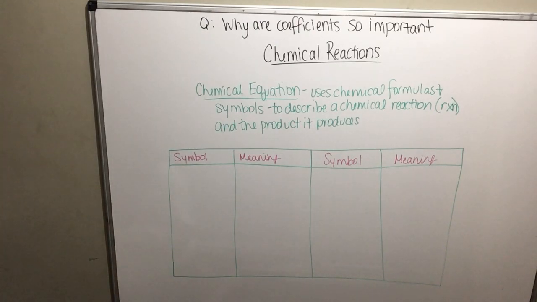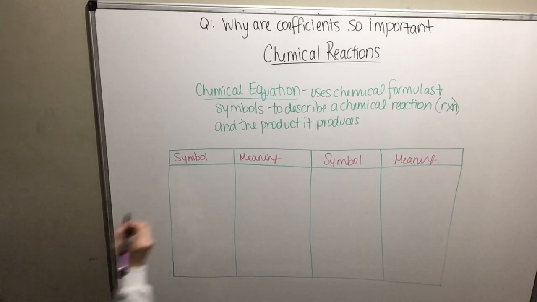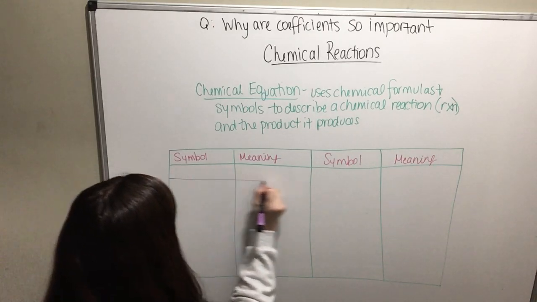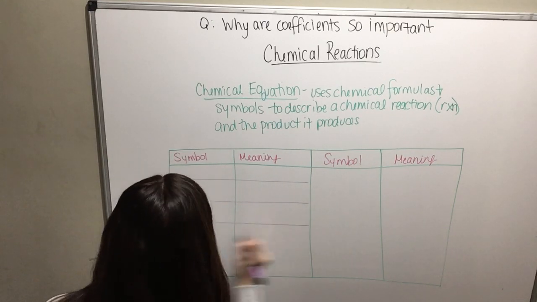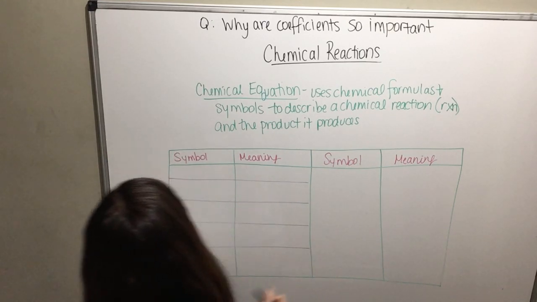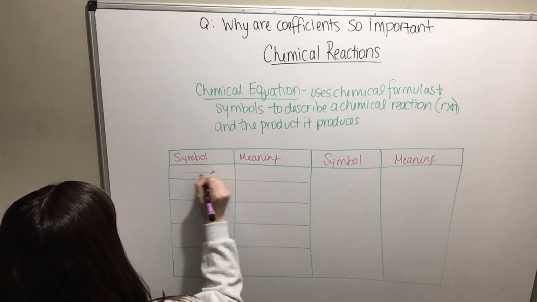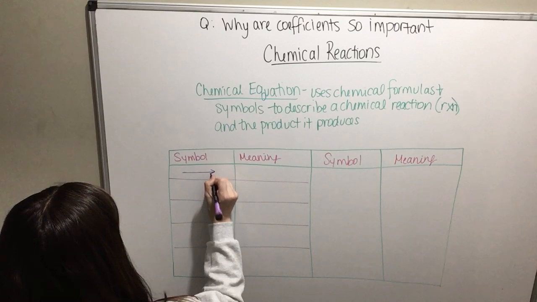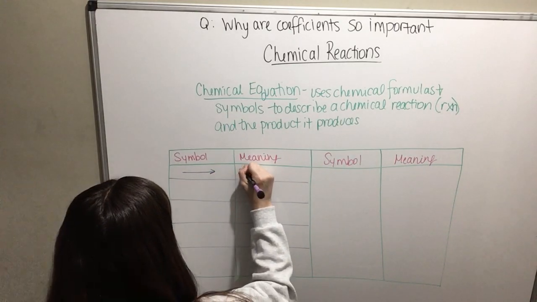All right, so let's do the first one, which is the arrow. The arrow means produces or yields.